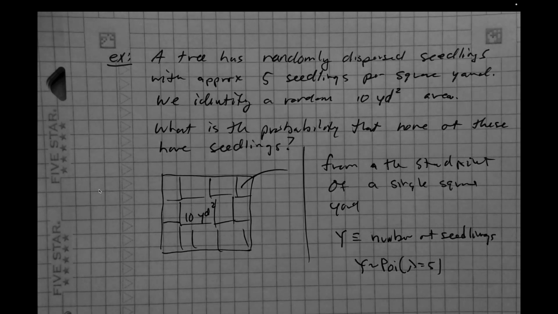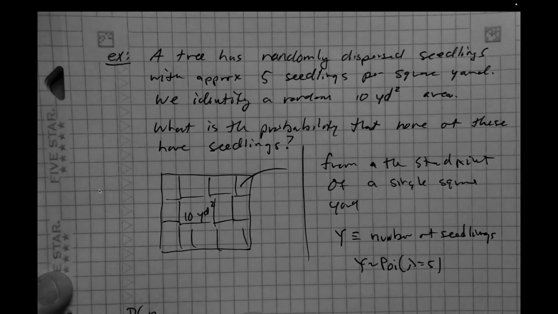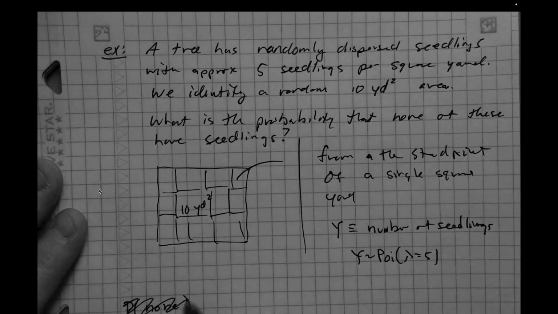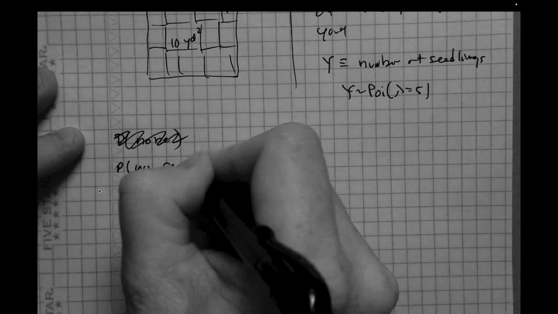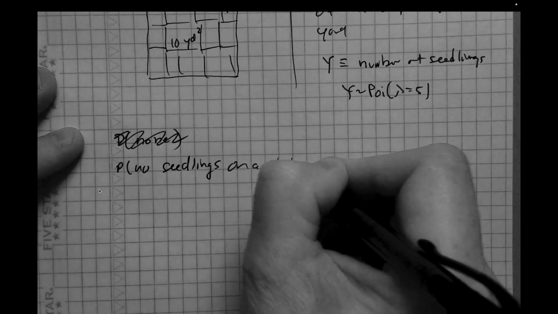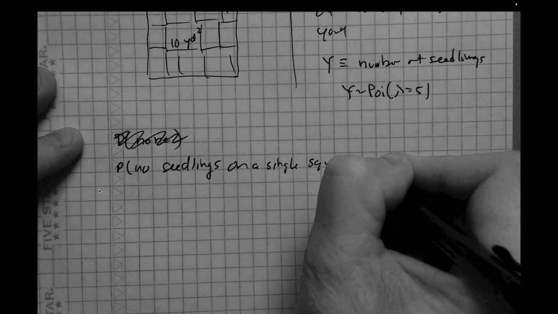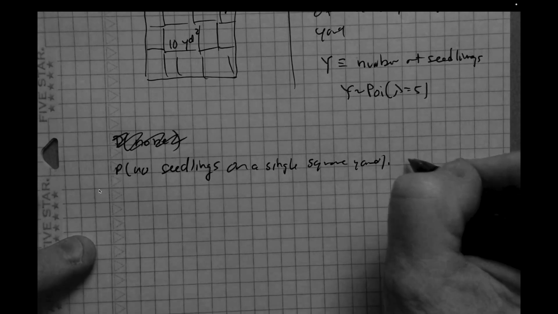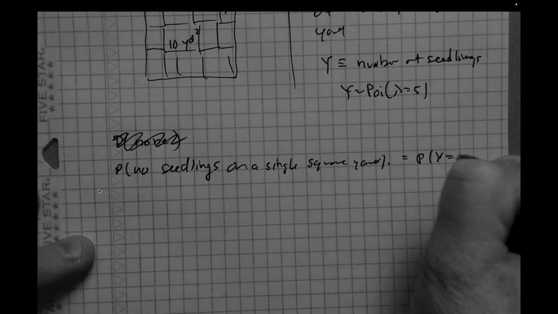So on any square yard, we would expect to find 5 seedlings. So the question is, what's the probability of no seedlings on a single square yard? I should be careful here. Basically I want to know the probability that y is equal to 0.